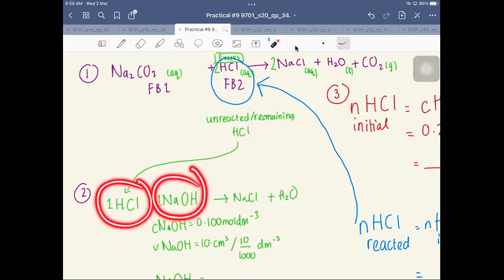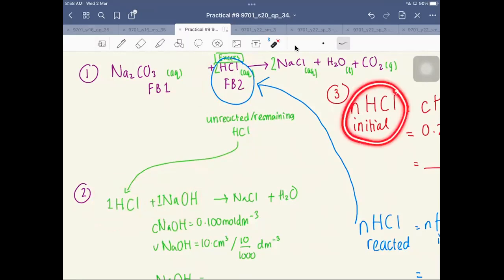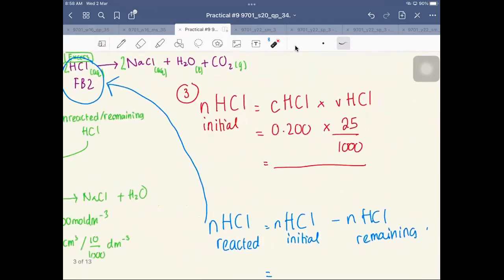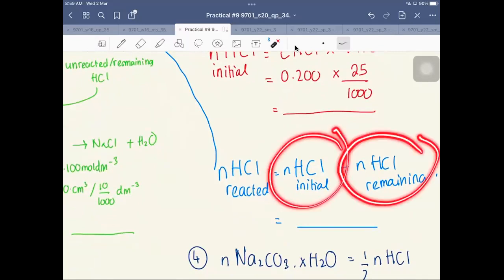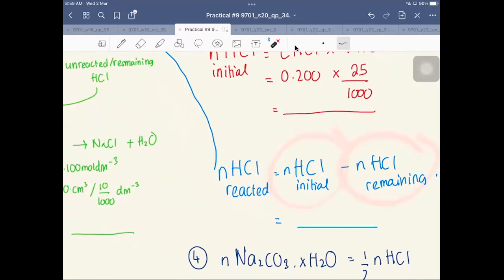And why do we want to find the number of moles left unreacted? Because if we know the initial number of moles of HCl, the one that we started with, and we know the number of moles of HCl remaining or unreacted, we can find the number of moles of HCl reacted.